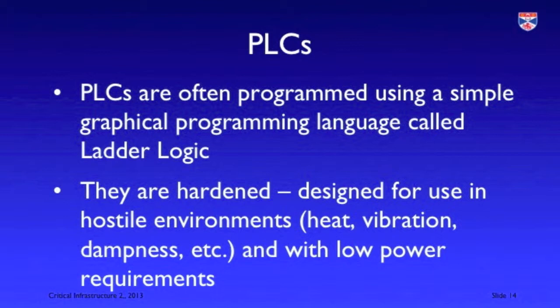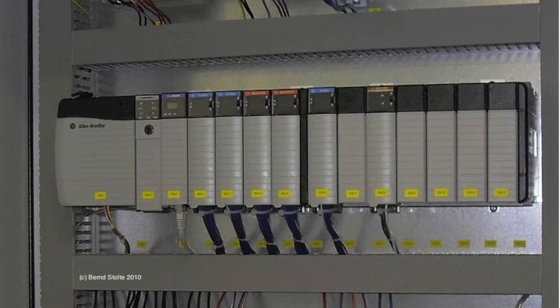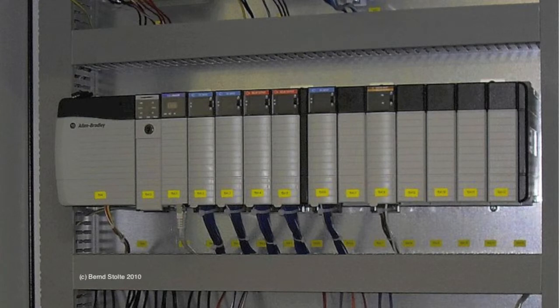So they're delivered in hardened cases, and these cases allow them to stand up to the difficult environment conditions and to deliver service continually over long periods of time. This is a picture of a group of PLCs. In this case, they are associated with the elements in a manufacturing plant, and each of these grey boxes is a single PLC.